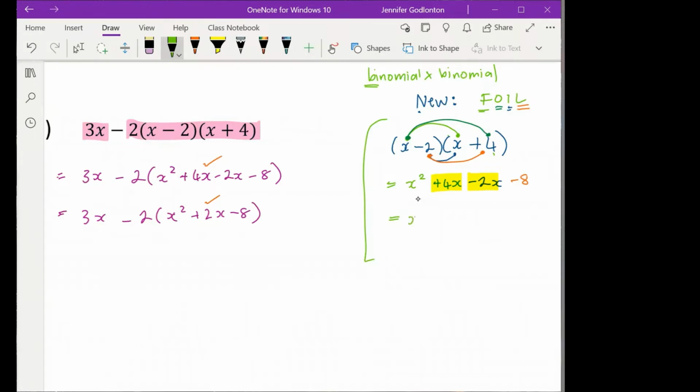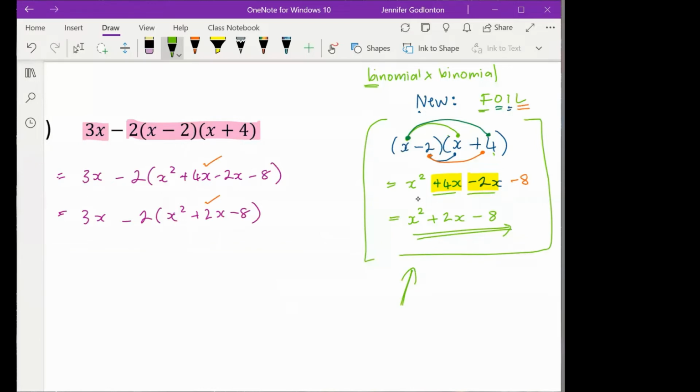So we've got our x squared, and then we've got 4x minus 2x, which gives me 2x, and then we've got our minus 8. And that would be my final answer over there on the right-hand side.